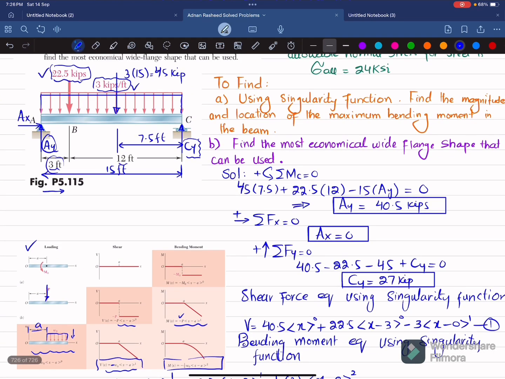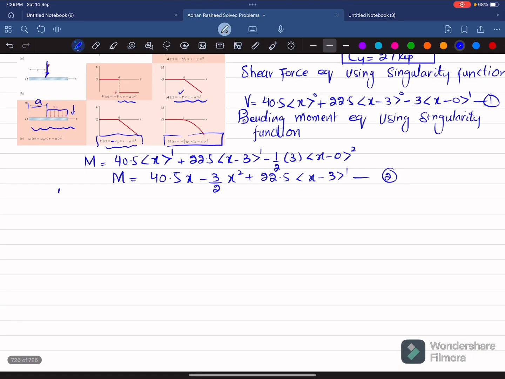Now in our first part, we have been asked to find the magnitude and location of maximum bending moment. So you have to find the maximum bending moment, and we know that maximum bending moment occurs where shear force is equal to 0. So what we will do is put V equal to 0 in equation 1.